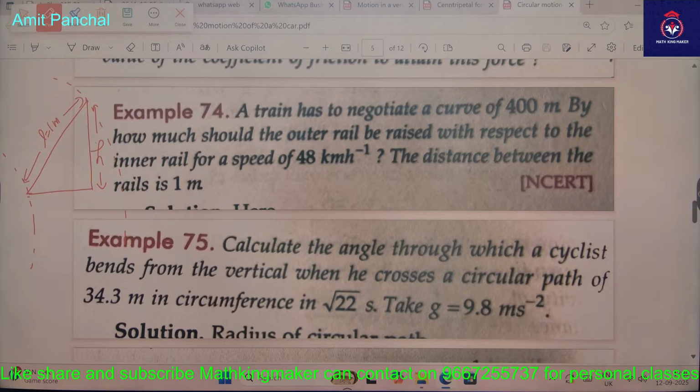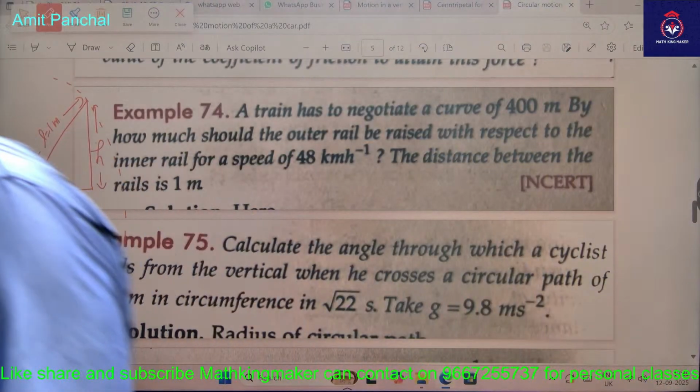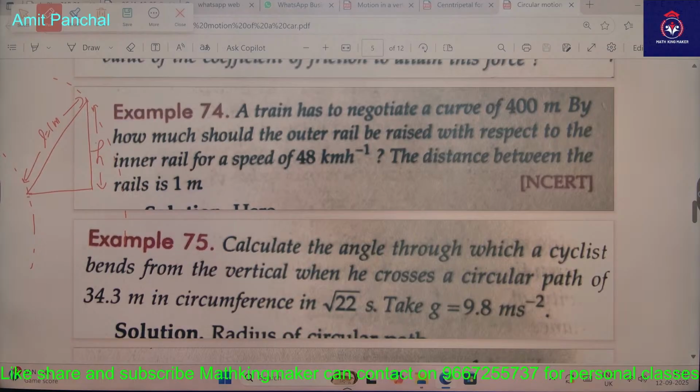But the same concept will work for a train also. And let us say this is theta. You need to find h.